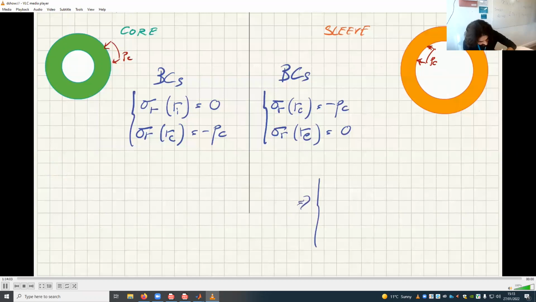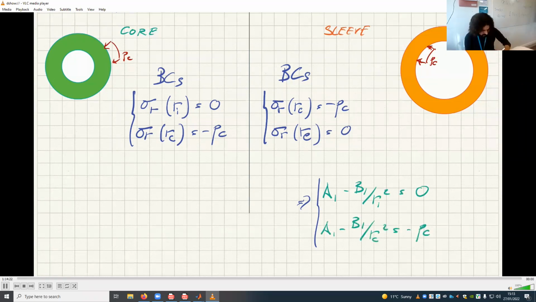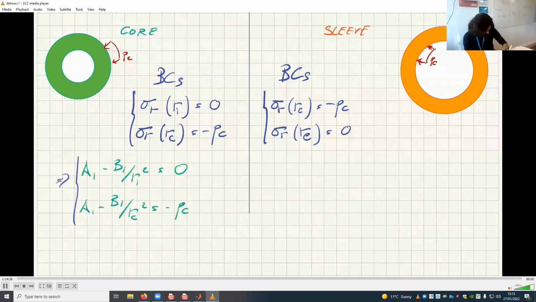So this would be A1 minus B1 over Ri squared equals 0, and A1 minus B1 over RC squared equals minus PC.